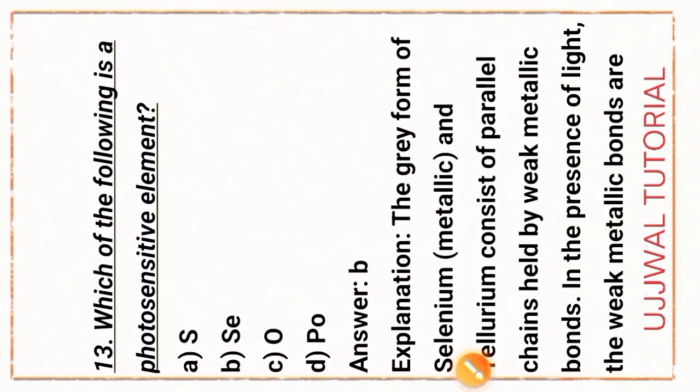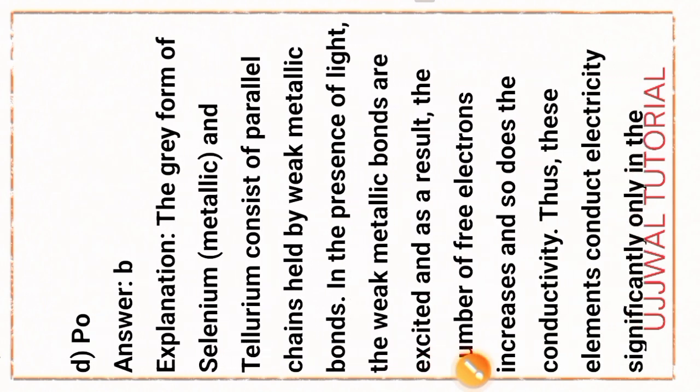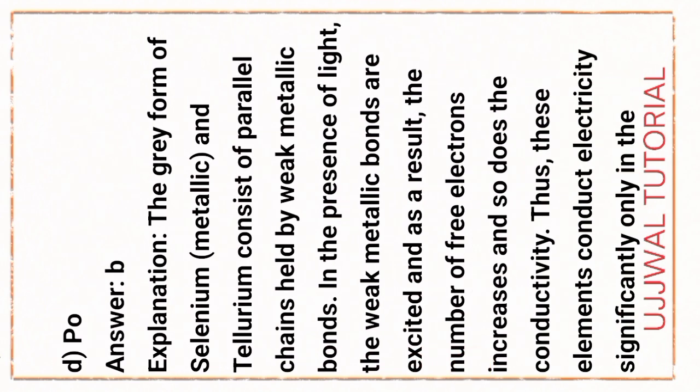Which of the following is a photoconductive element in group 16? Option B, selenium, Se. To explain this part, the gray form of selenium and tellurium consist of parallel chains held by weak metallic bonds.